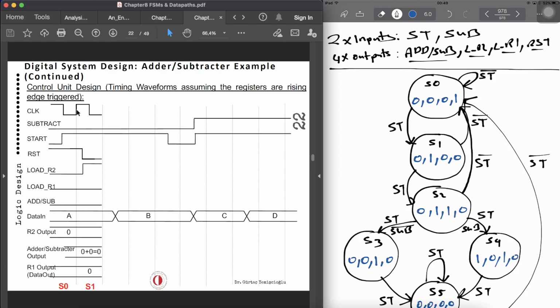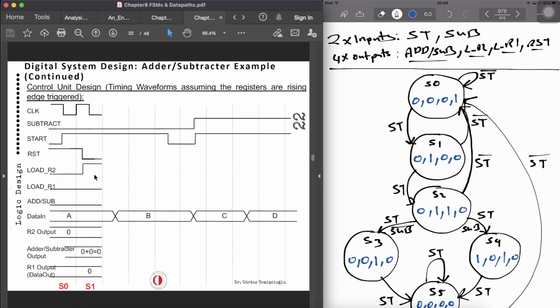So we can see that on the rising edge of the clock, reset is still 1, after a while it goes down, and start is 1. Whenever the reset goes down, load R2 is going to be 1, and we are ready to receive the data. Load R1 and add subtract are 0, and we have got the operation as 0 plus 0 because there are no values in there.